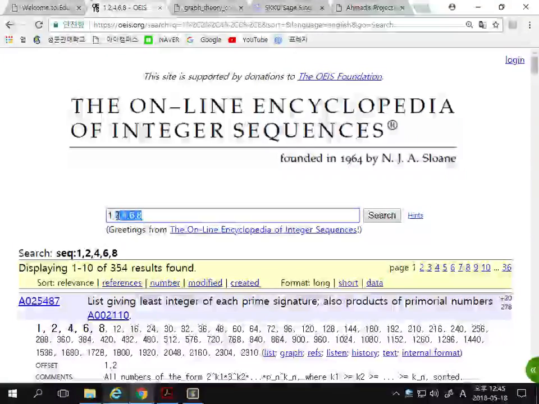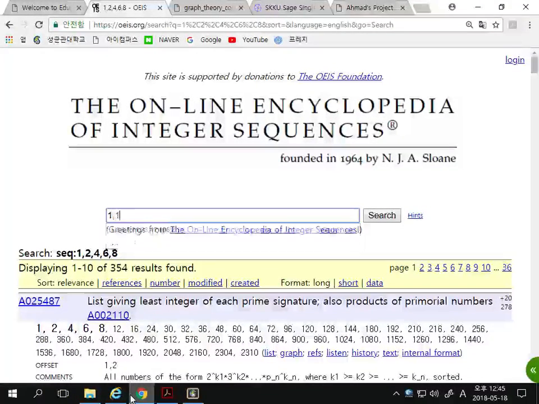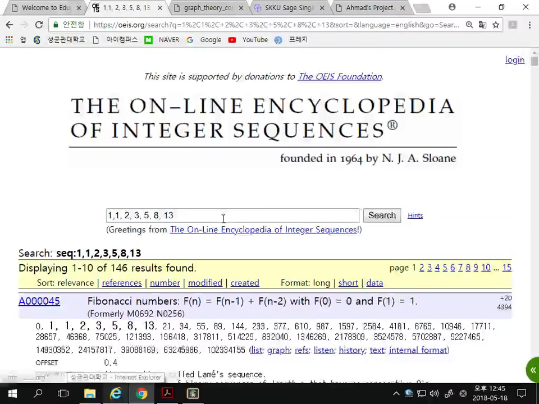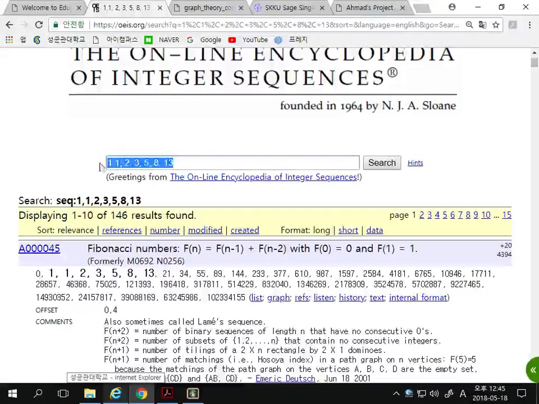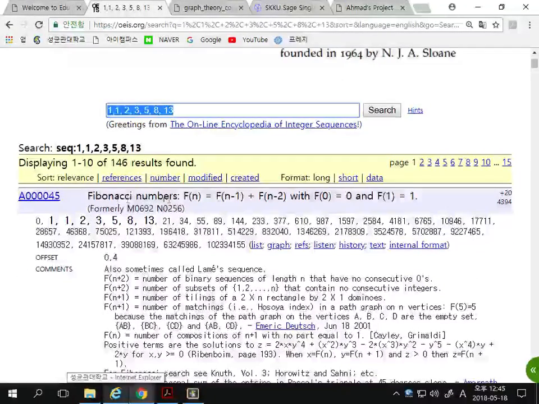So here, let's say a Fibonacci number. Let's check it: the numbers 1, 1, 2, 3, 5, 8, 13, for example. This sequence is the Fibonacci numbers.